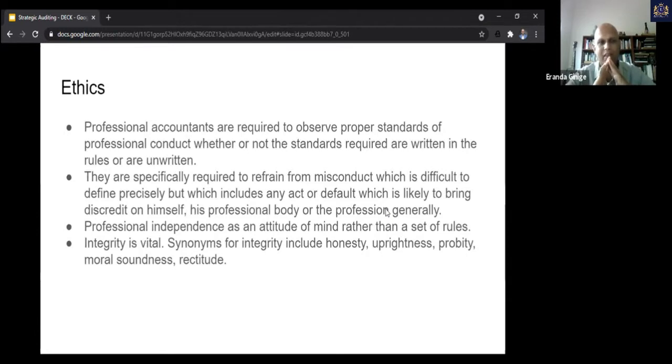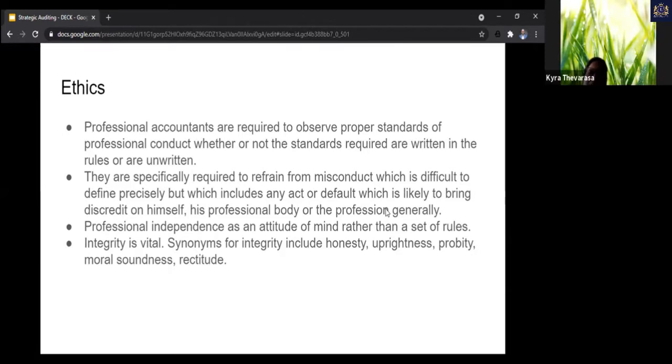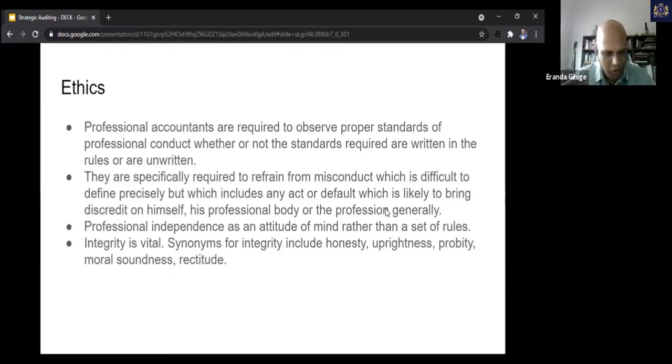So in terms of ethics, again, a very broad topic. But for the purpose of auditing, professional accountants are required to observe proper standards of professional conduct, whether or not the standards required are written in the rules or unwritten. So you're being ethical not because you are required to be ethical. As a professional, you make a choice to do the right thing, right? Okay.